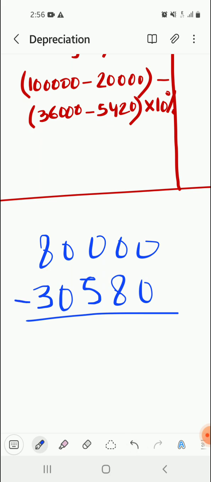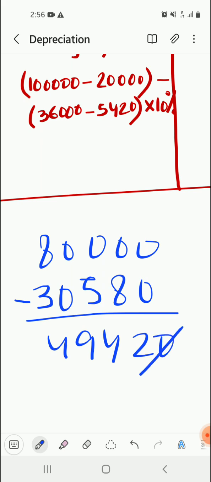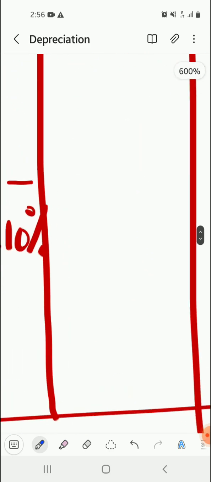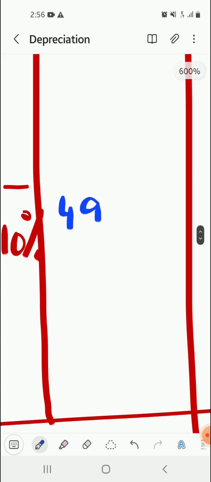So 80,000, that was the machinery value that we had, and right now the reduction of the total depreciation, that is 30,580, we get 49,420. Now we are going to calculate 10% of this. This is very simple. The zero will get omitted if we multiply it by 10%. So right now we can say that our depreciation is therefore 4942.